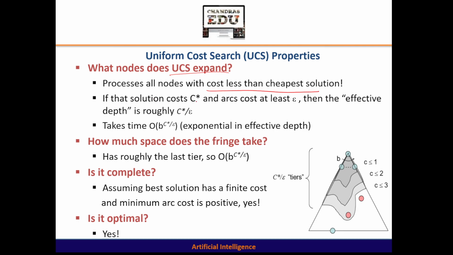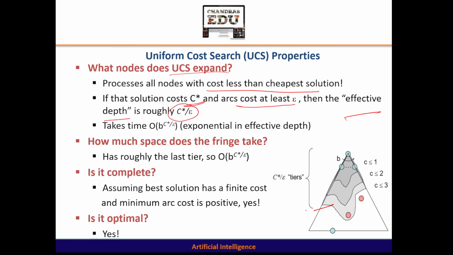Here we are taking some parameters like solution cost is C star, and the arc cost is at least epsilon. Arc cost means how many branches it needs to move to find the solution, and that we call the effective depth. That depth is indicated by C star by epsilon.